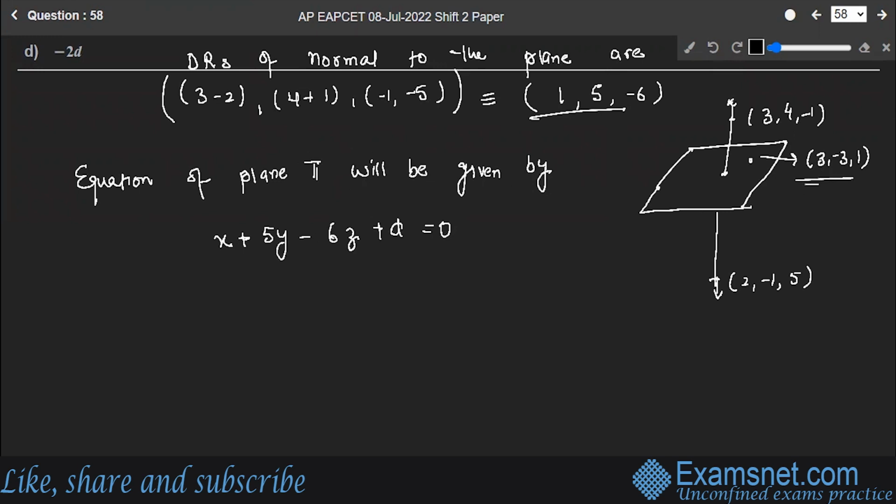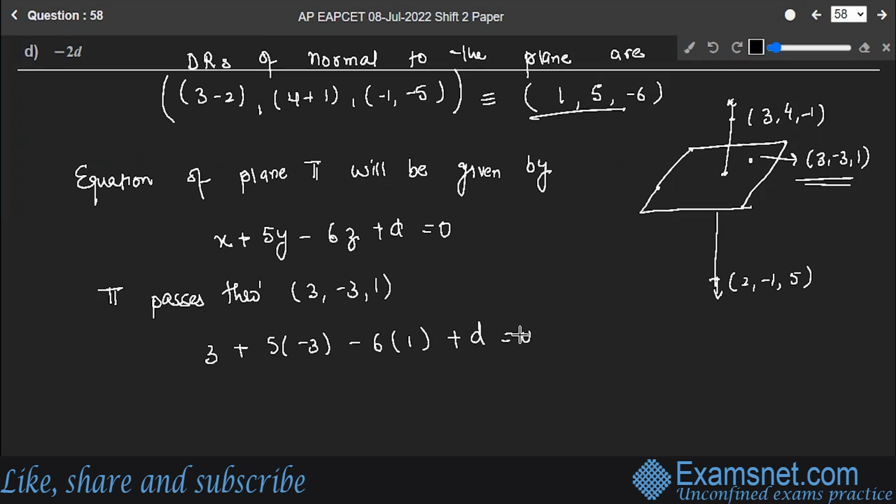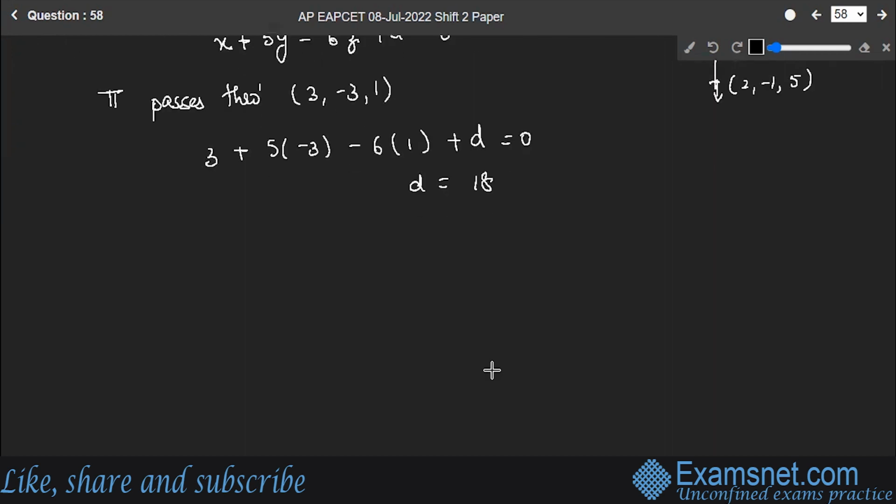Now you know that pi passes through 3, minus 3, 1. So this will be 3 plus 5 into minus 3 minus 6 into 1 plus d is equal to 0, which will give you d is equal to 18.